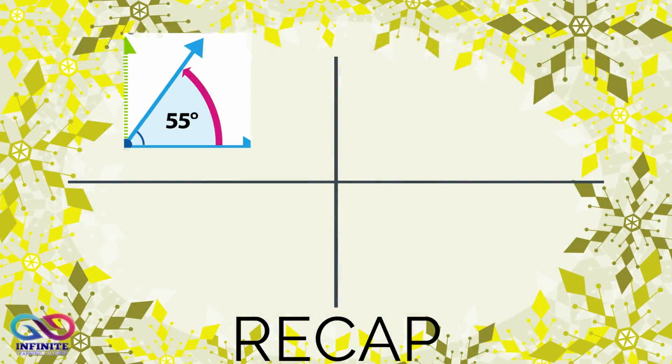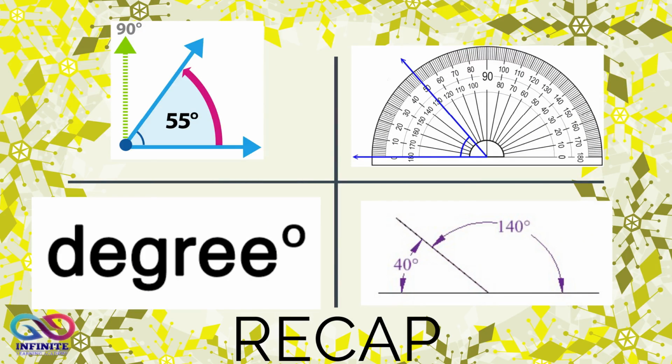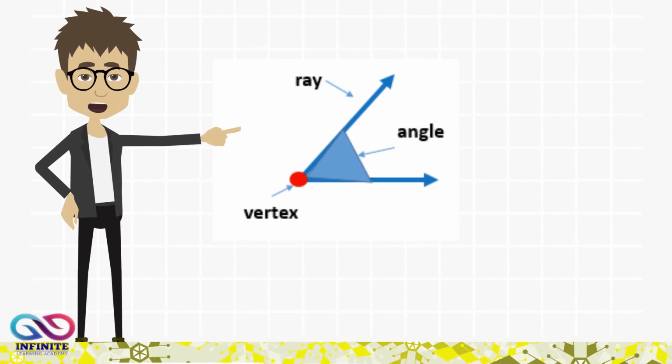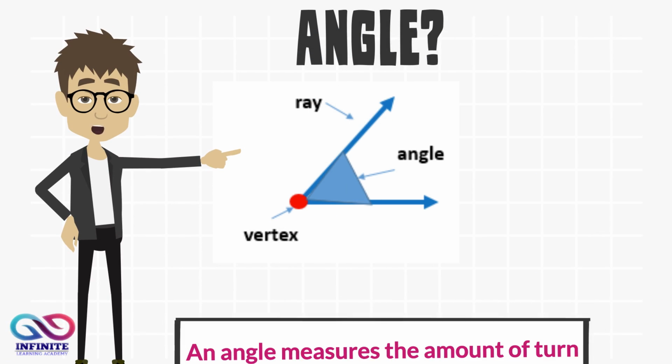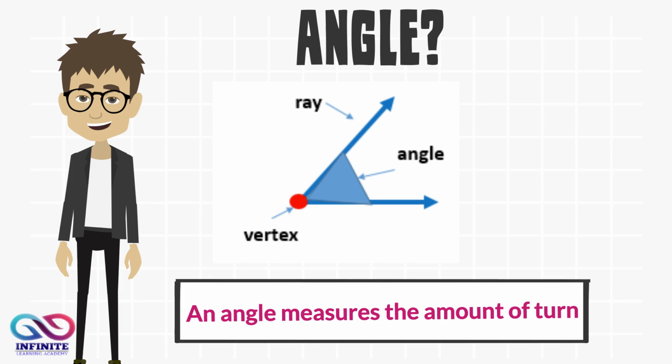Before we begin with this chapter, let's do some recap on angles so that you will have a better understanding. An angle is formed when two rays, aligned with one endpoint, meet at one point. An angle also measures the amount of turn.